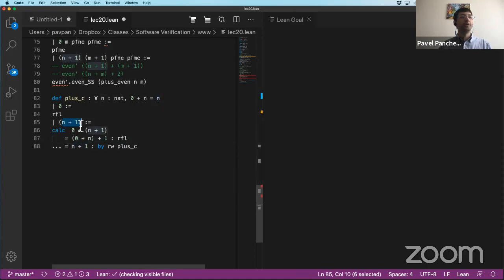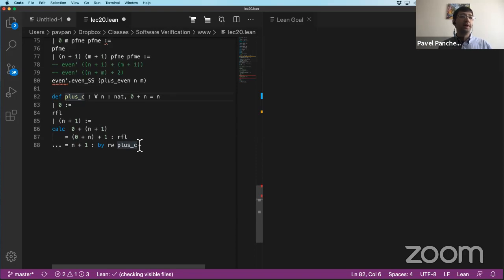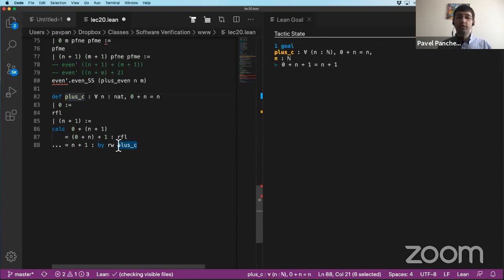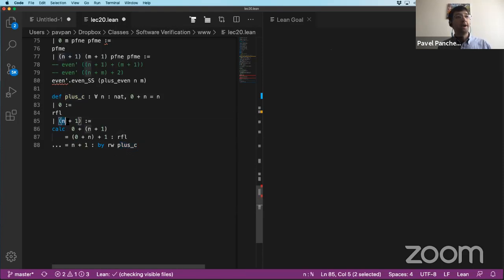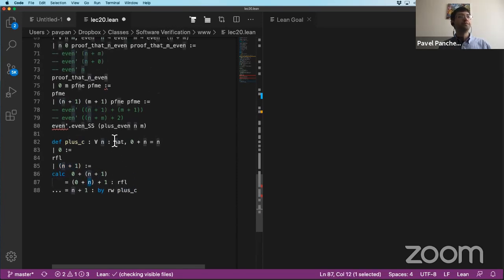Remember that we've discovered that n is of the form something plus 1. And so this definition convinces Lean that the results are correct. And you can think of this again as being some kind of recursion where we apply plus c, we had n plus 1, and now we're applying it to the one smaller number n to construct this proof.